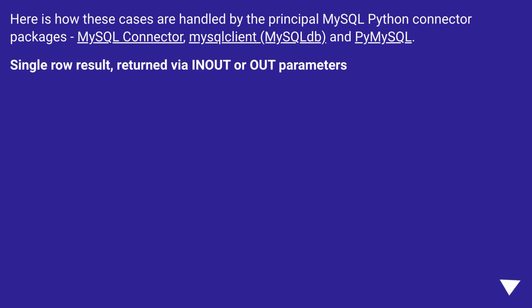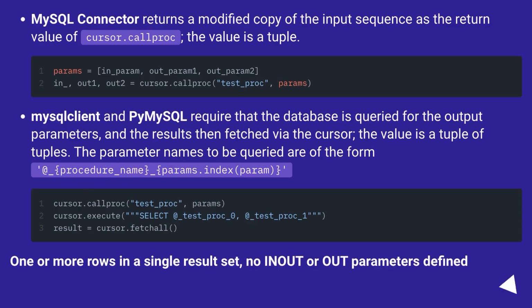Here is how these cases are handled by the principal MySQL Python connector packages: MySQL Connector, MySQLClient, PyMySQL, and mysql-python. Single row result, returned via in-out or out parameters. MySQL Connector returns a modified copy of the input sequence as the return value of cursor.callproc.